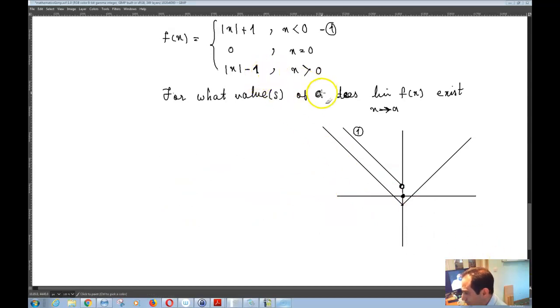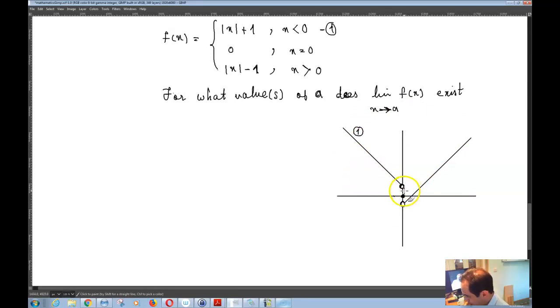So what that means is that now this is only defined for x greater than 0, meaning that this part is just simply not there, and then this part is not there either. And you get the point over here, and that is your function.